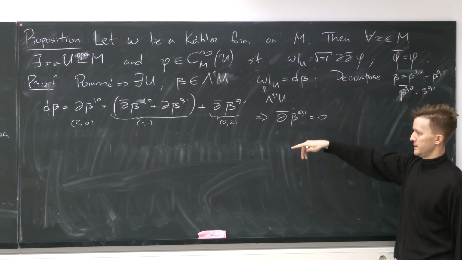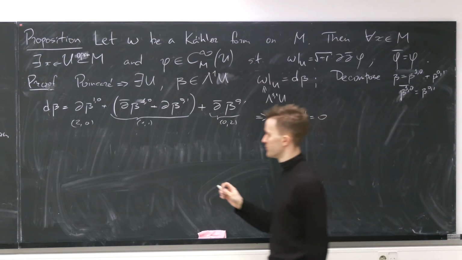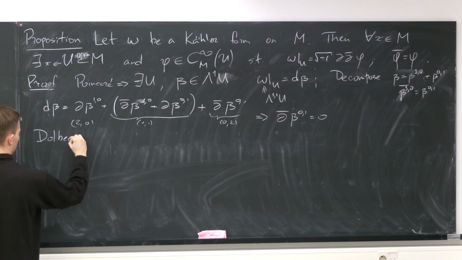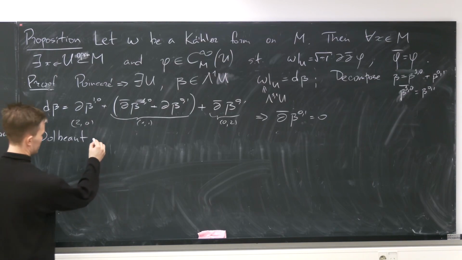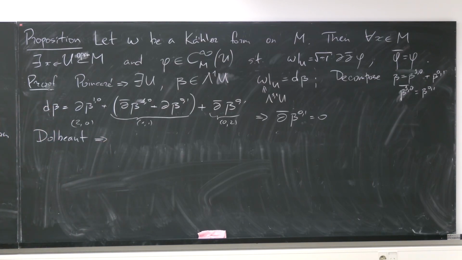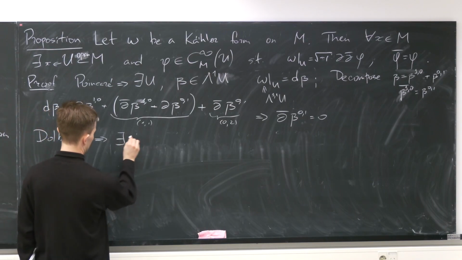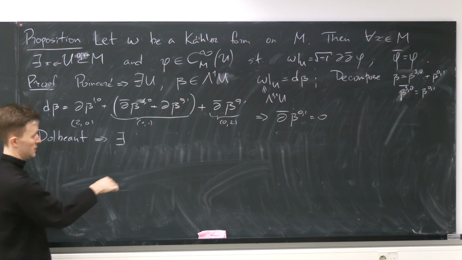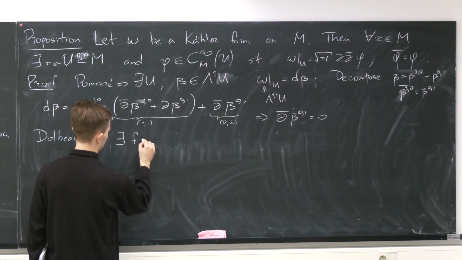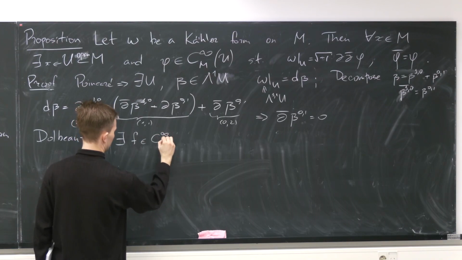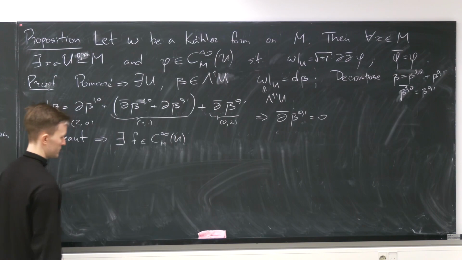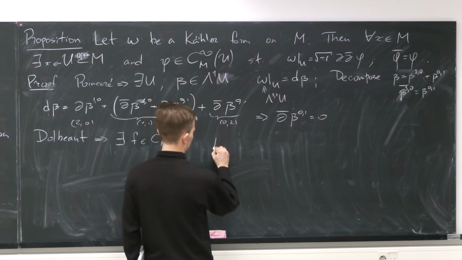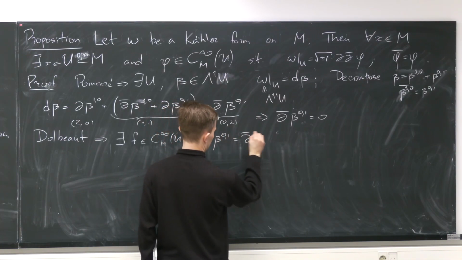So now we can apply the second, the Dolbeault lemma. So there exists, well, probably I have to shrink U, but I won't introduce more notation, some function f on U, and then beta 0,1 is del bar f.